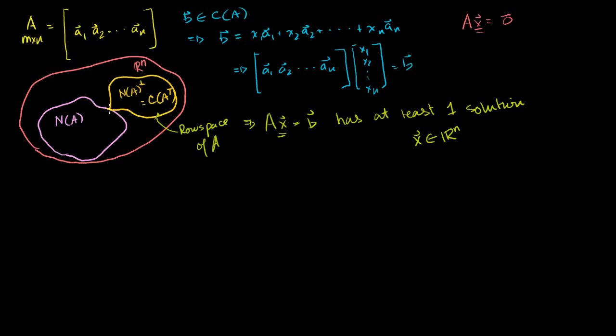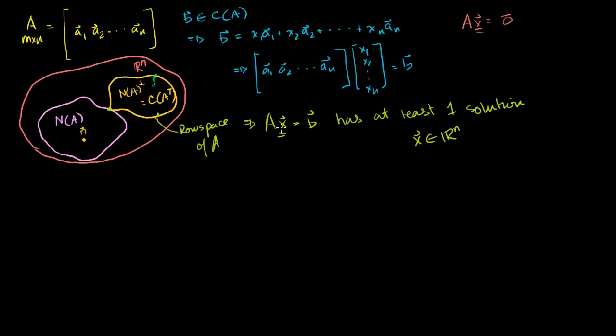Now, we've seen in several videos now, and I proved it, I think, two videos ago, that any vector in Rn can be represented as a sum of a member of our null space, let's call that vector n, and some vector in our row space, let's call that vector r. Any vector in Rn can be represented as a sum of some vector in our null space and some vector in our row space.